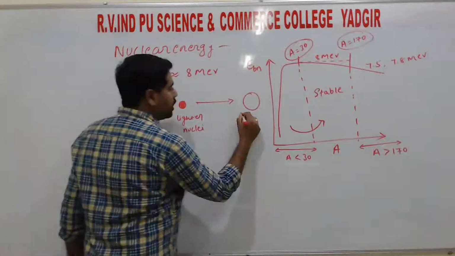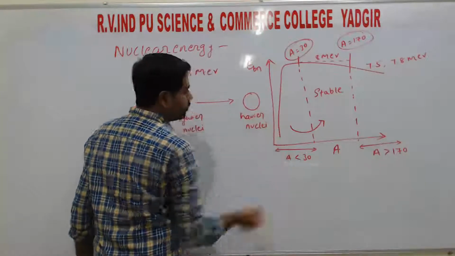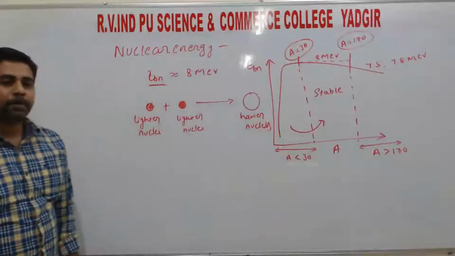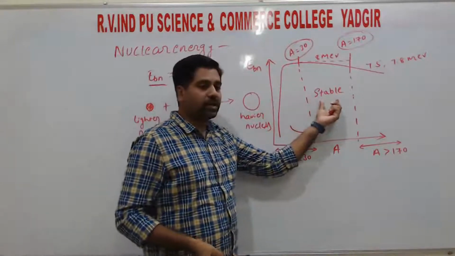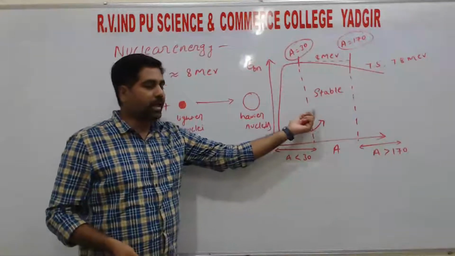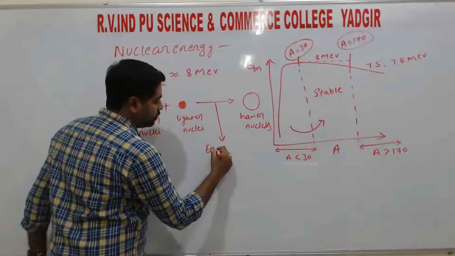That we call a heavier nucleus, right? This falls in the region between 30 and 170. Then it attains a stable nucleus, right? So during this process, the energy is released.